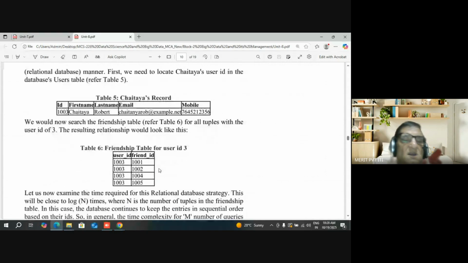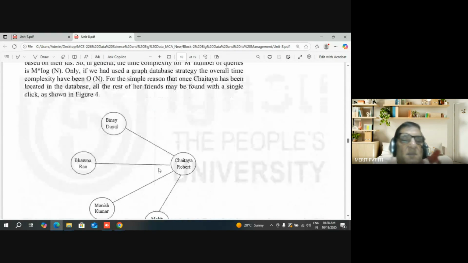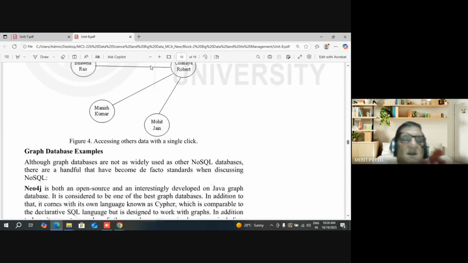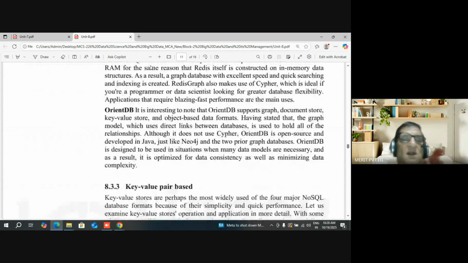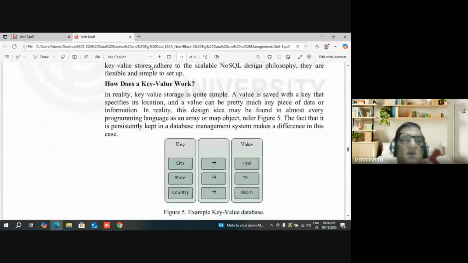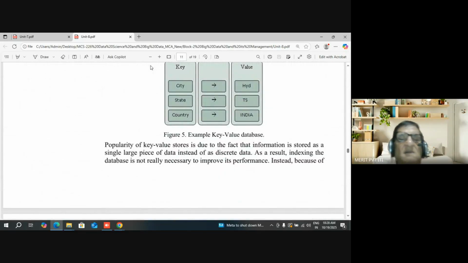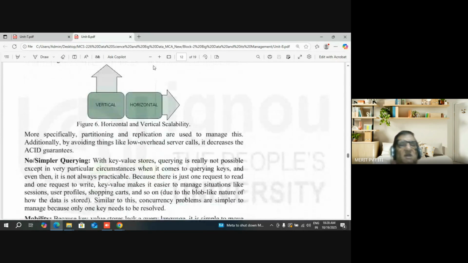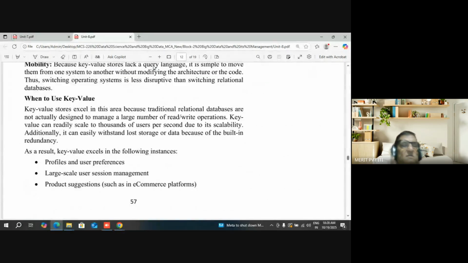Chaitya Robert, Vinny Dayal, Bhavna Rao, Manish Kumar, Mohit Kumar are accessing other data with a single click. From a single click all the data gets corrected. So you will see there are a lot of advantages and disadvantages, but NoSQL is being used very efficiently for big data.